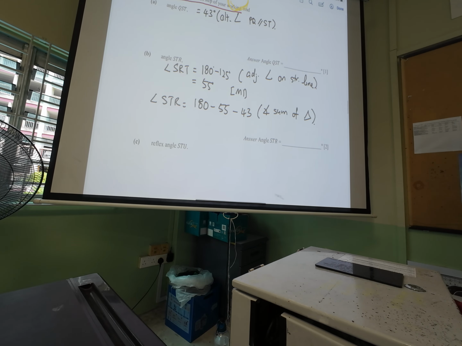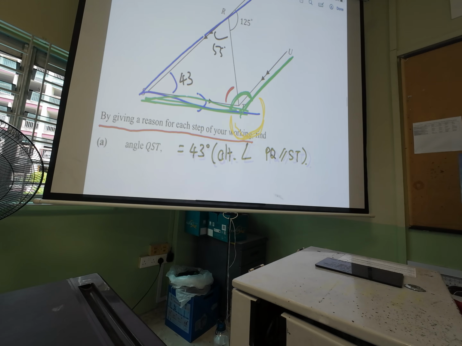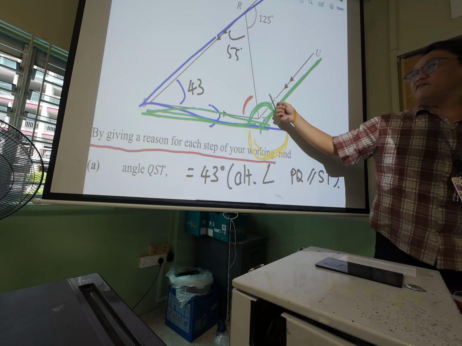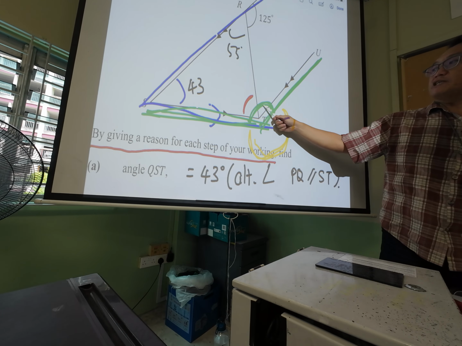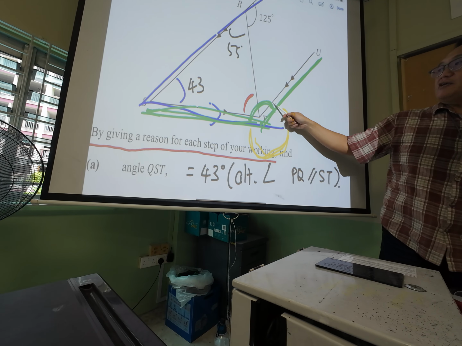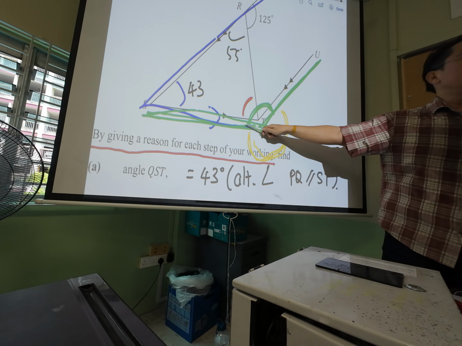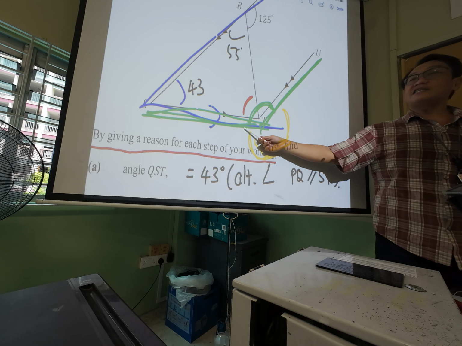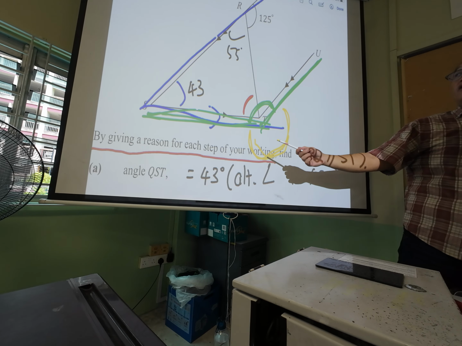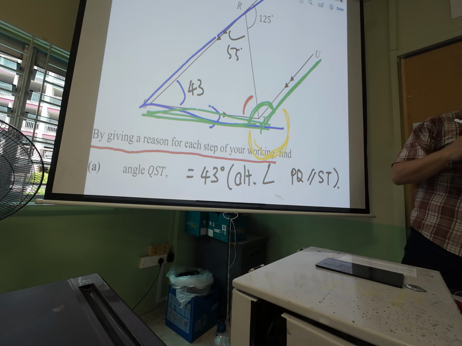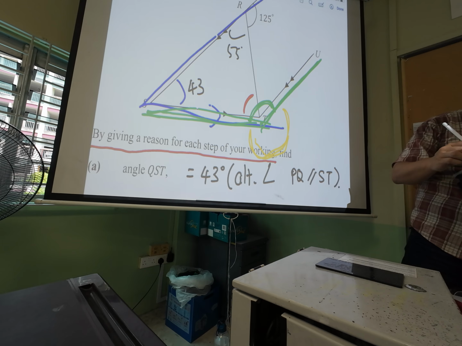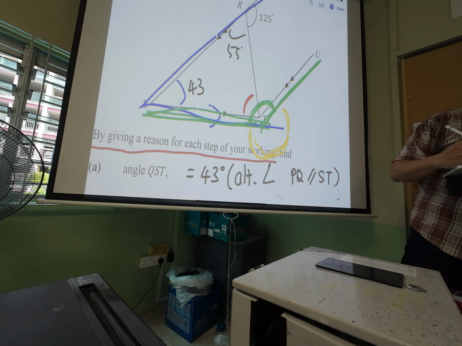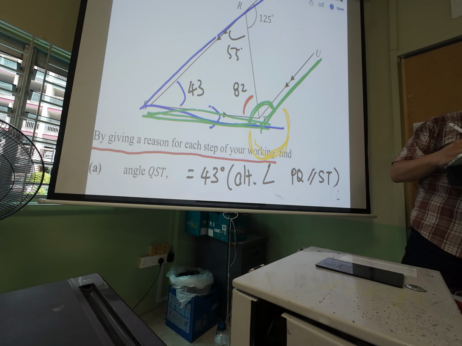Okay. So how do we find STU? Angle at a point. If I can find STU, the obtuse angle, I take 360 minus this one, I get this one. So usually it is like that. For a reflex angle, you find the inside first, then after that you find the outside. So to find the inside, just now I have found here is 82.